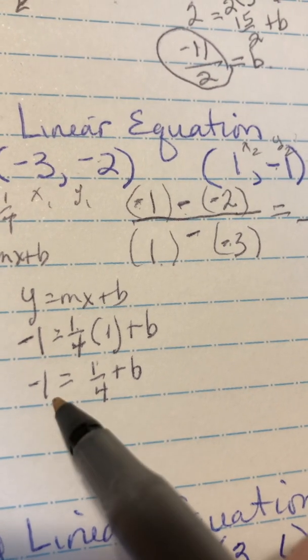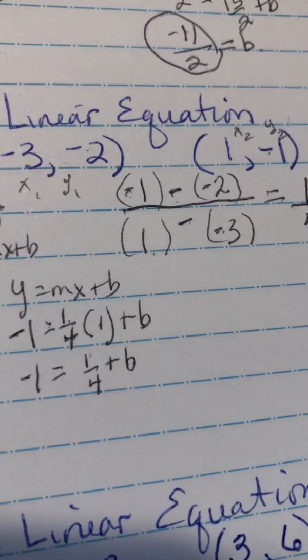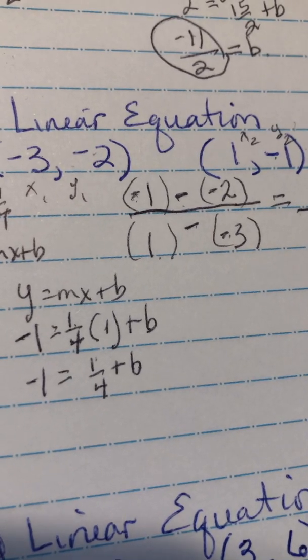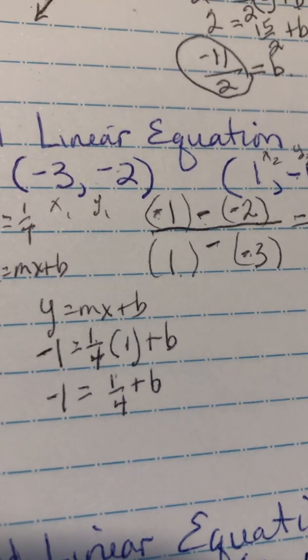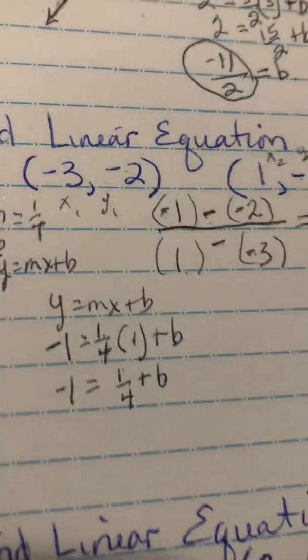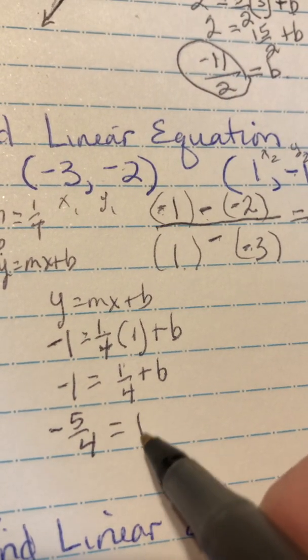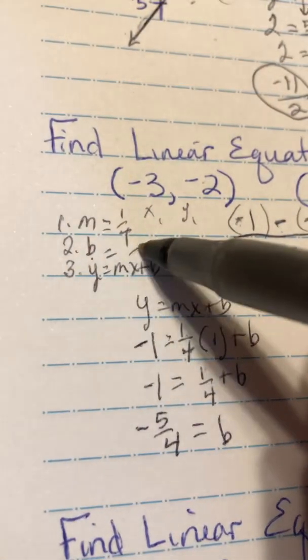And if you can put that in your calculator, I'd recommend that. That way you don't have to worry about finding the common denominators and all that kind of stuff. So -1 minus 1/4 is -5/4. That's our b value. So now we know this one is -5/4.